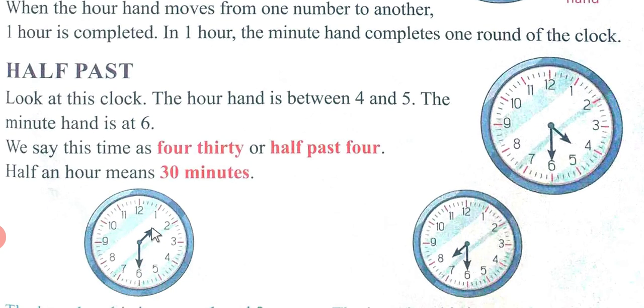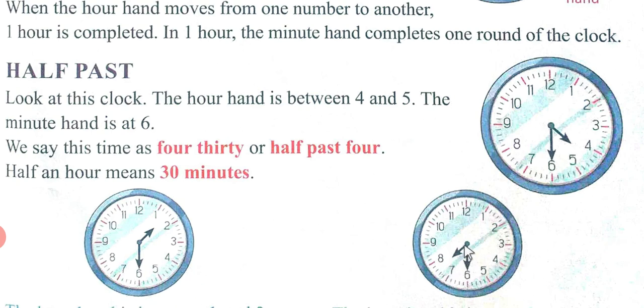Now you can see the hour hand is between 1 and 2 and the minute hand is on 6. So we can say this time 1:30 or half past 1.